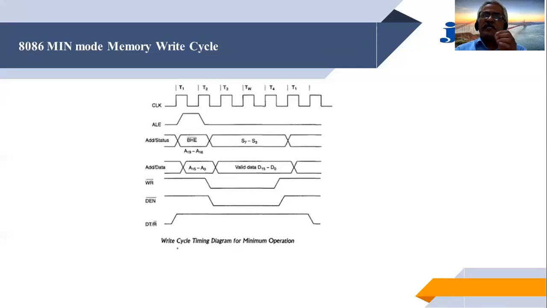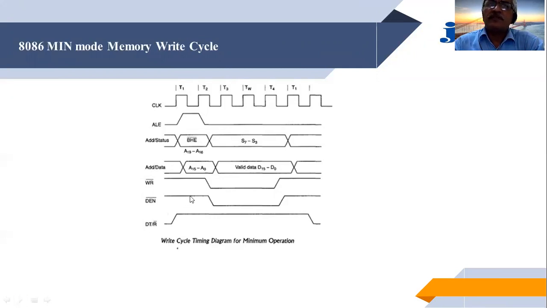When the address is available on the buses, the DT/R bar will decide the direction of the bus. Data enable will permit the bidirectional buffers to be activated.